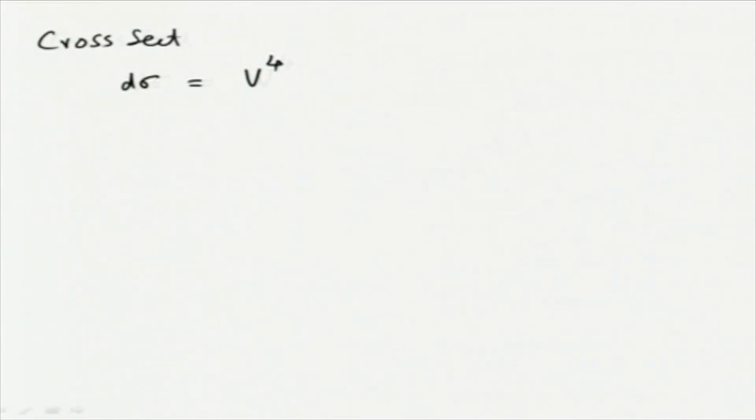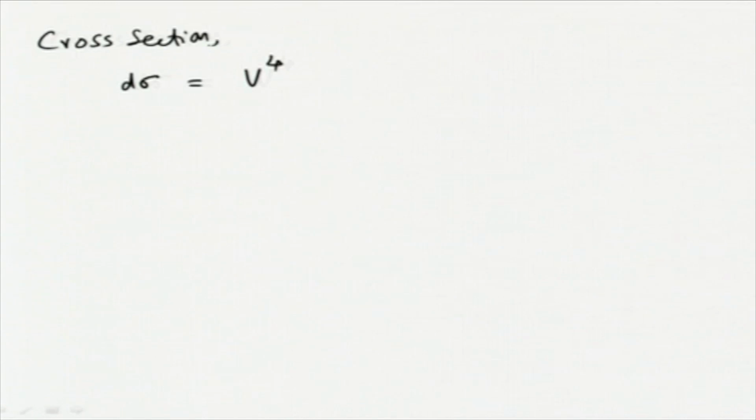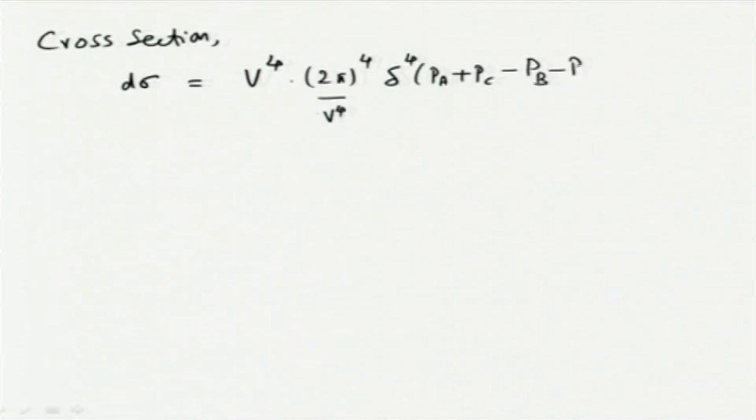So, cross section: because we have the phase space factor written as a differential phase space volume element, differential volume elements in the momentum space, we write the cross section as a differential cross section dσ, and this times the W_fi is essentially (2π)^4 over V^4 delta of the sum of the initial momenta minus the sum of the final momenta.